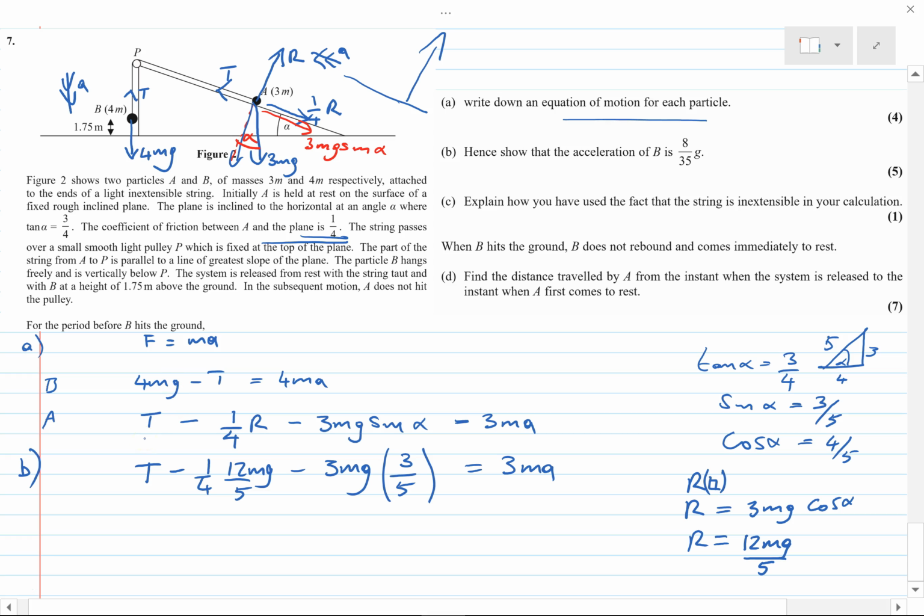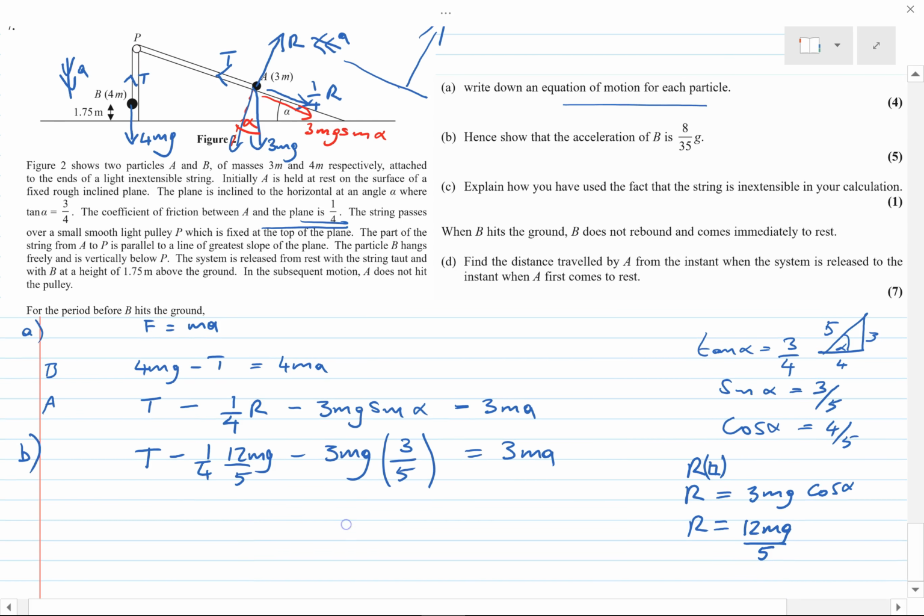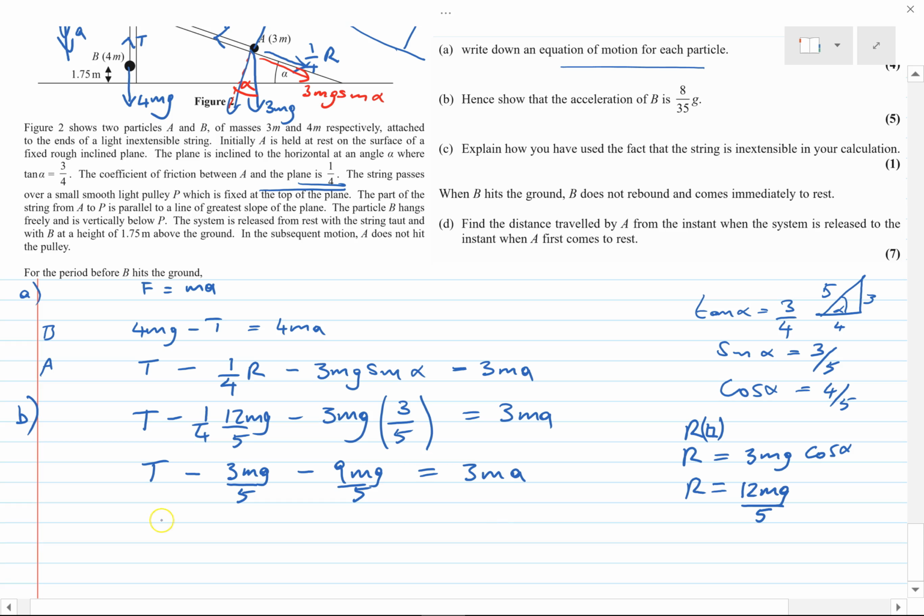Let's tidy this up: T minus 3mg/5, take away 9mg/5, is equal to 3ma. So that gives me T minus 12mg/5 is equal to 3ma.